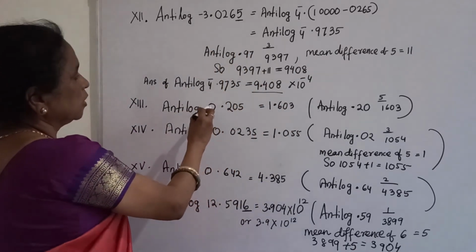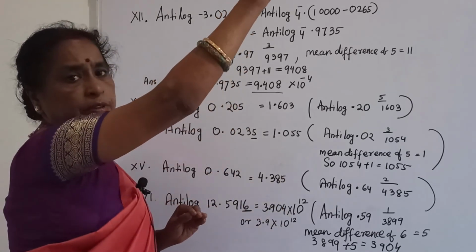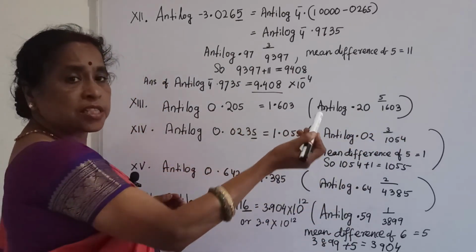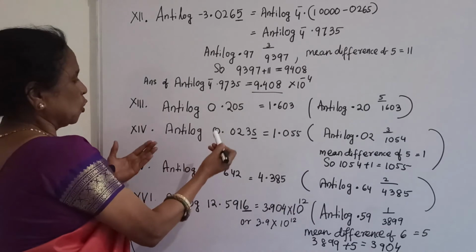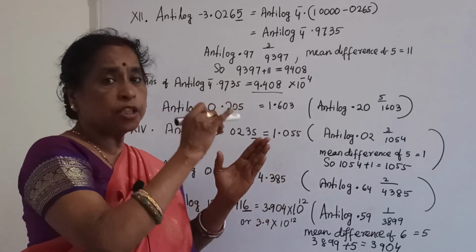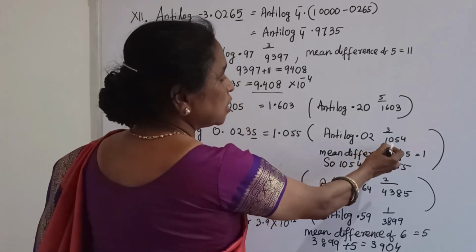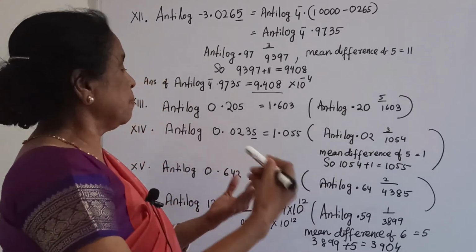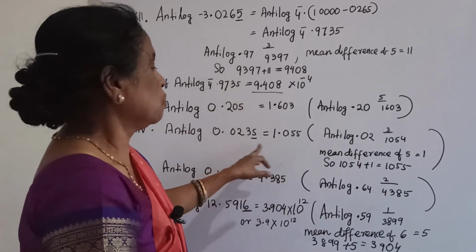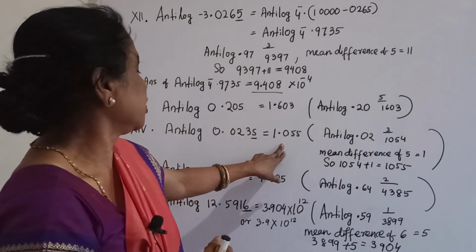Similarly, antilog of 0.205, very easy, you check 0.205 and that value is 1603, so the answer is 1.603. Similarly, next question 0.0235: you check 0.02 and go to 1 and see that it is 1054. And what is the mean difference? That is 5. Mean difference of 5 equals 1. So add it, and after one digit you write the decimal sign.